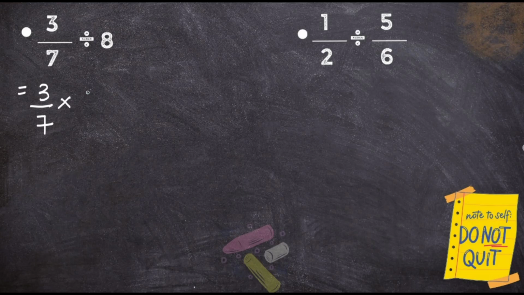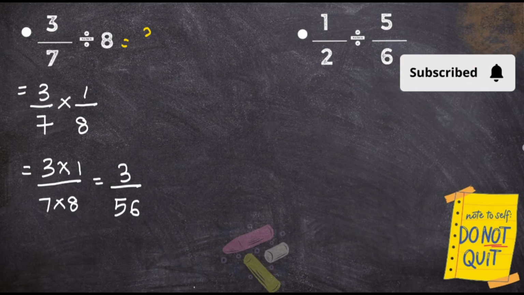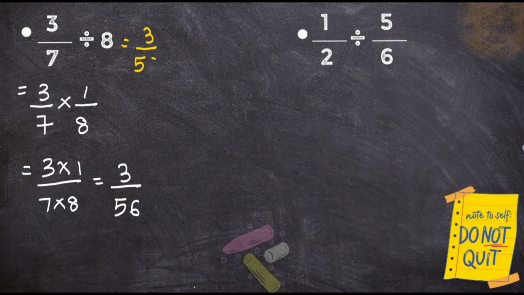So the reciprocal of 8 upon 1 will be 1 upon 8. Now simply multiply. 3 into 1 upon 7 into 8. 3 ones are 3. 7 eights are 56. So your answer over here will be 3 upon 56.